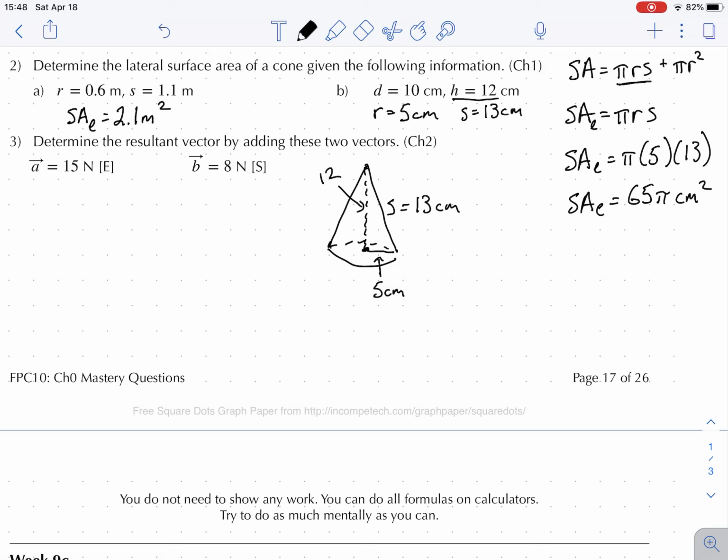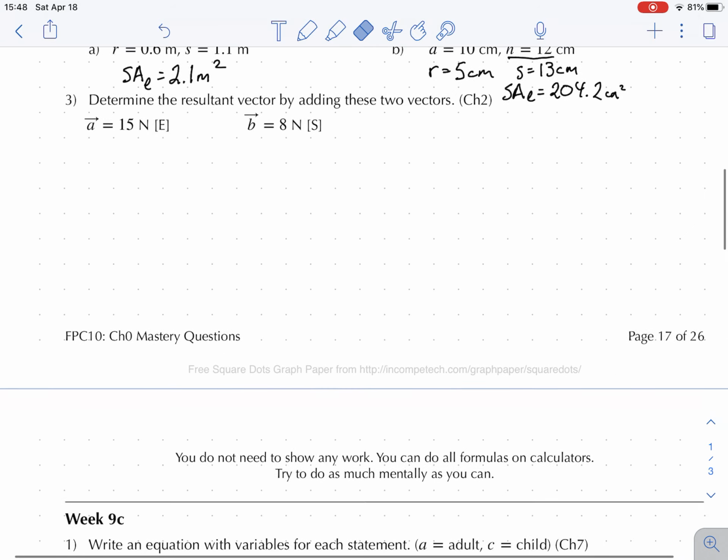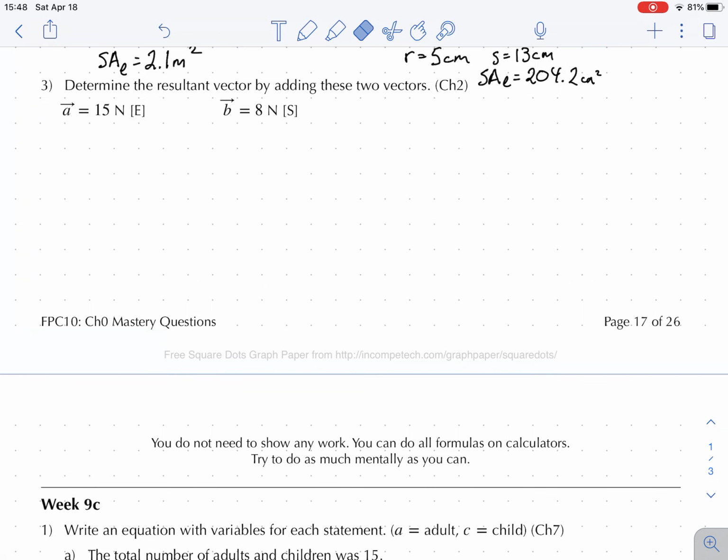To get the decimal approximation, I do 65 times pi, 204.2. So our lateral surface area is equal to 204.2 centimeters squared. All right, so you should be able to use formulas from Chapter 1. Remember what they are and how they work.